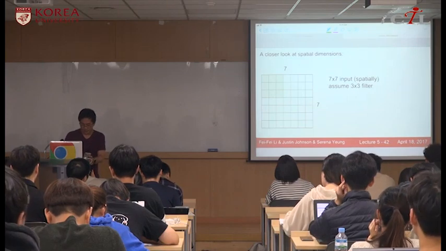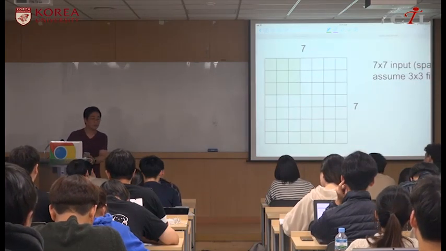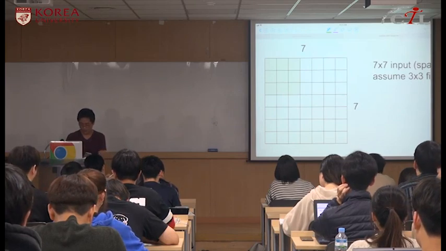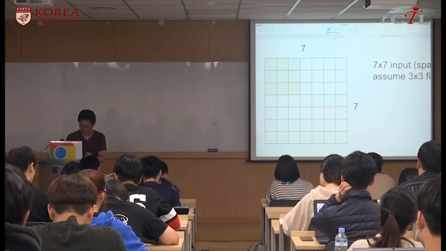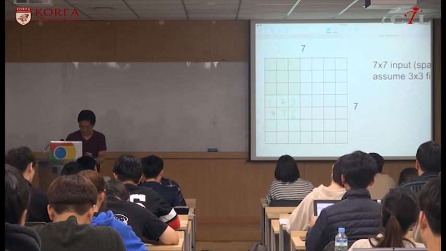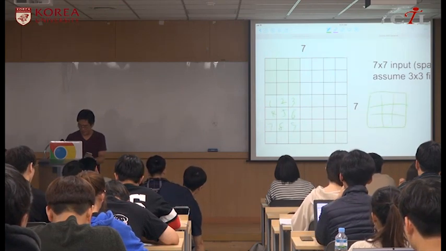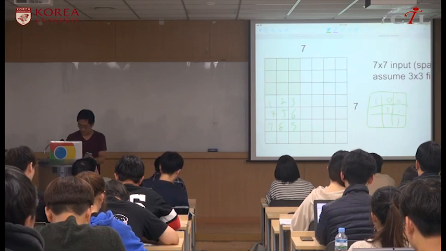Okay, so you guys know how this inner product works in the case of a convolutional neural net, right? So suppose we have 1, 2, 3, 4, 5, 6, 7, 8, 9, and our filter is 1, 1, 1, and 0, 0, 0, 0, 0, 0.